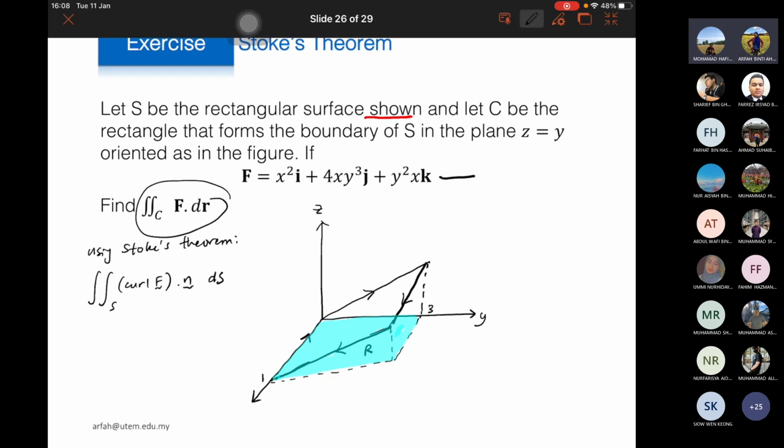Okay, so daripada sini dapatkan curl F. Cuba buat dulu. And then awak tengok the orientation of C is clockwise. C is clockwise rotation. What will be the impact when you have the clockwise rotation?